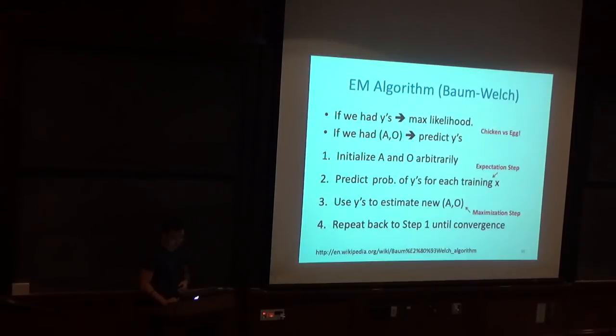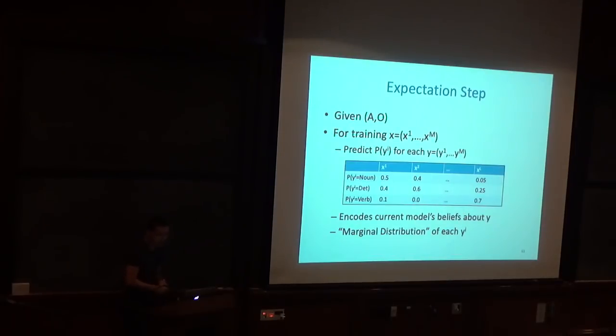The maximization step is pretty trivial, because it just reduces to standard supervised learning. The expectation step is the one that is a bit tricky. So what we do in the expectation step is we want to predict P of y_i for every given input sequence x.